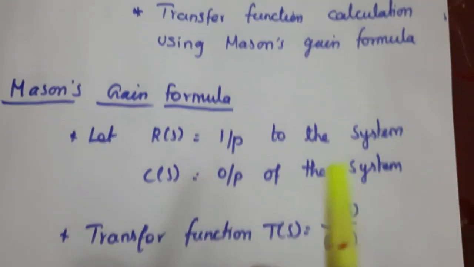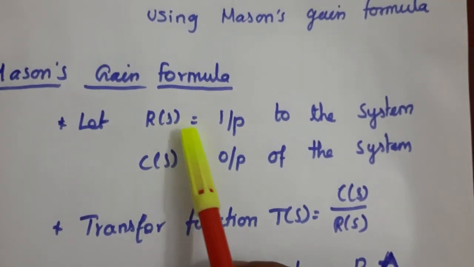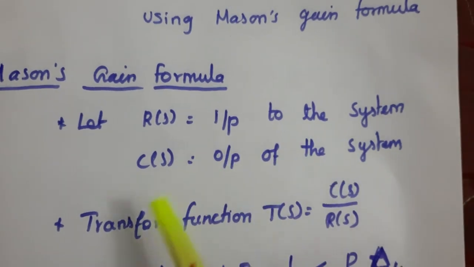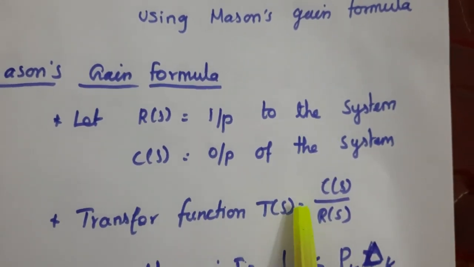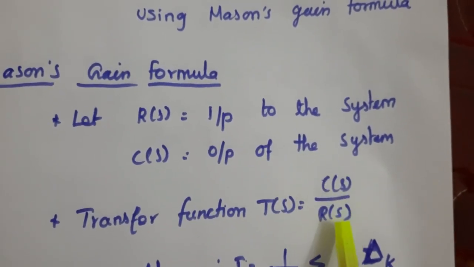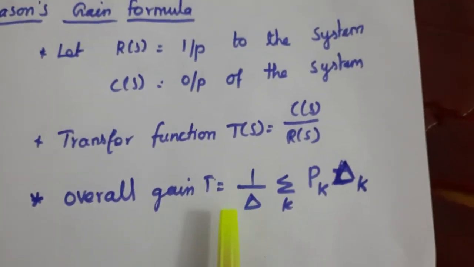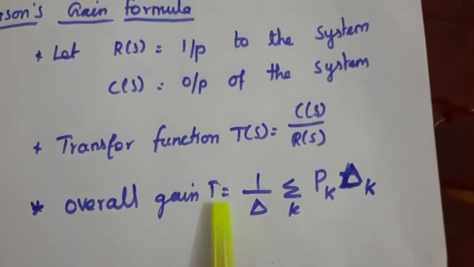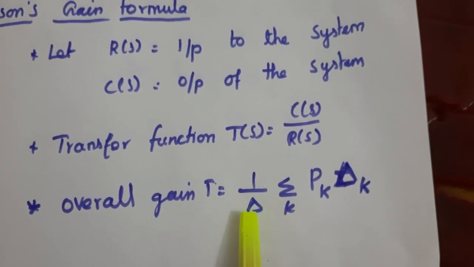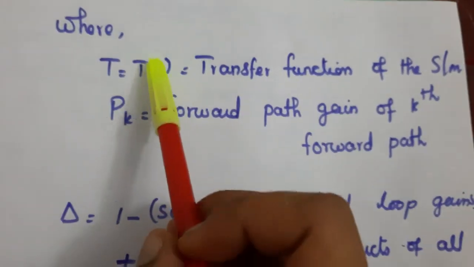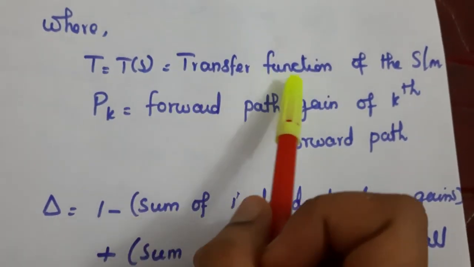Considering Mason's gain formula, let R of S be the input to the system and C of S the output of the system. So the transfer function T of S can be calculated as C of S divided by R of S, output divided by input. So the overall gain T is equal to 1 by del, summation of k, Pk into del k, where T is the transfer function of the system.